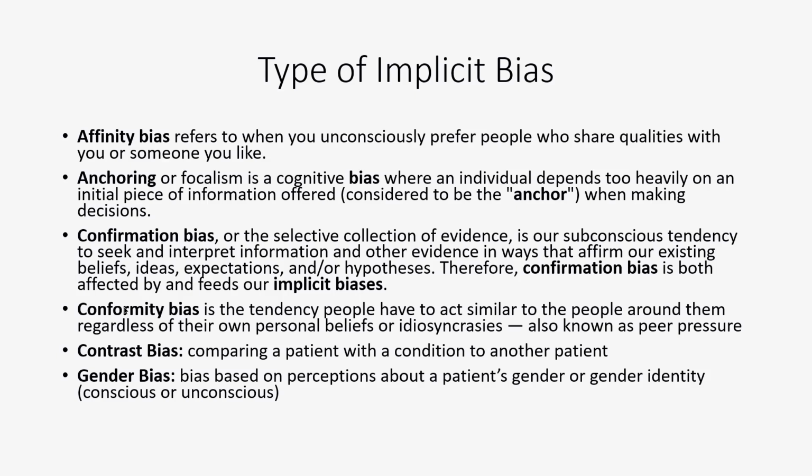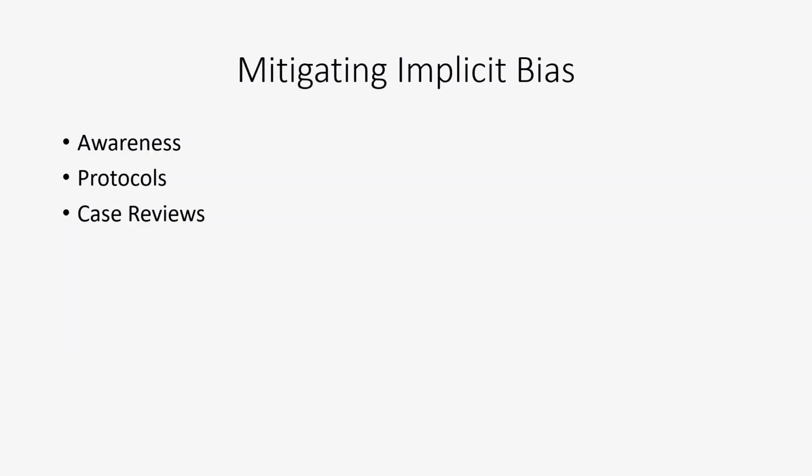Now we're going to go into the case, but I've got one more slide before the case. Be thinking about mitigating implicit bias, three ways that we can work to not fall into this pattern. Awareness, which we're already doing.